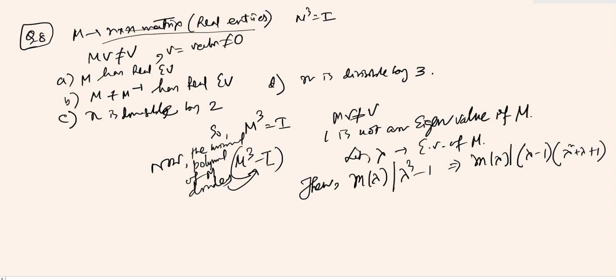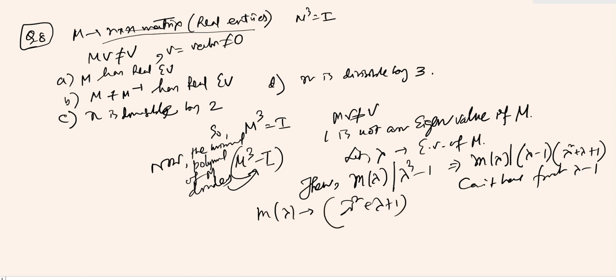This is a minimal polynomial and can't have a factor lambda minus 1. As 1 is not an eigenvalue, the only possibility is m of lambda is lambda square plus lambda plus 1. So the eigenvalues are omega and omega square. These are the two eigenvalues.